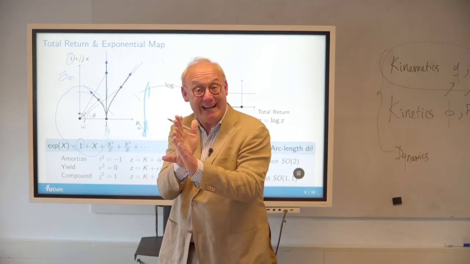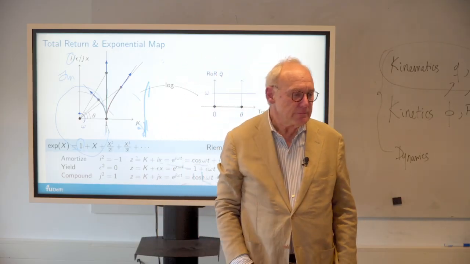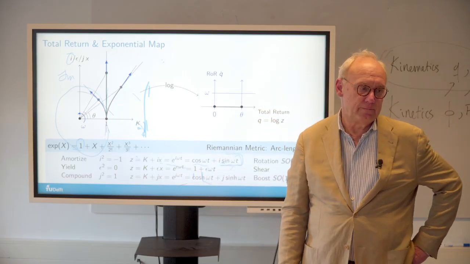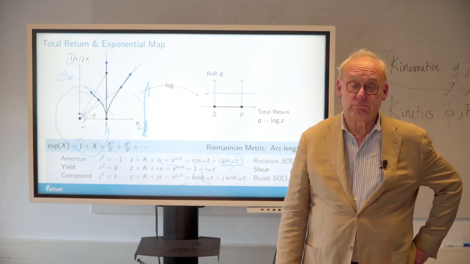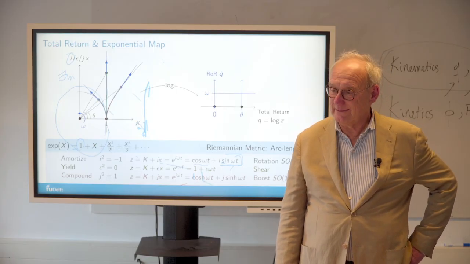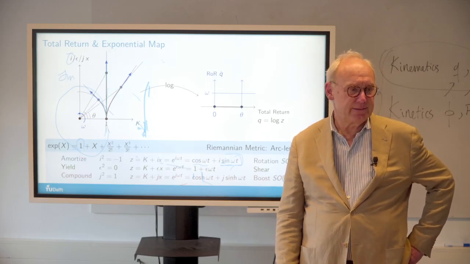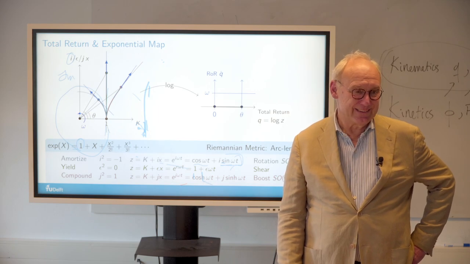That's why you get the I, okay? That's all counting. So the rotation is also an exponential. That's weird, okay?